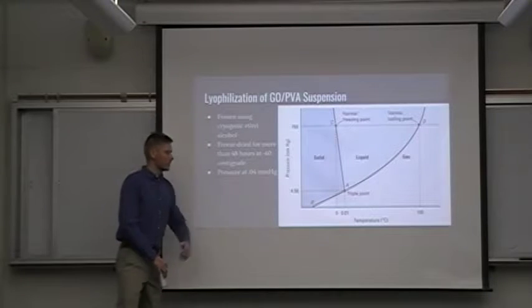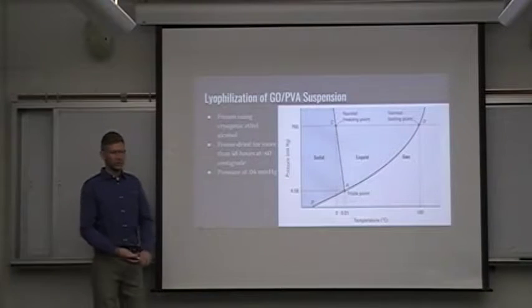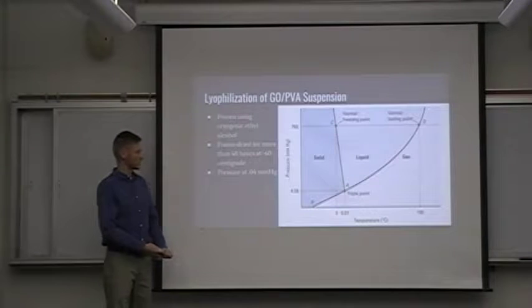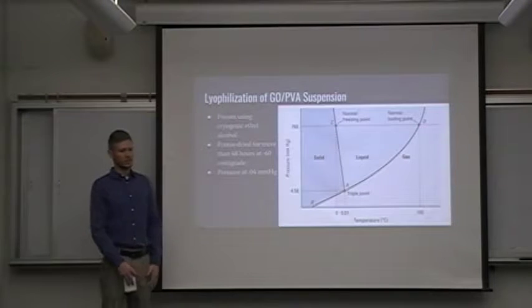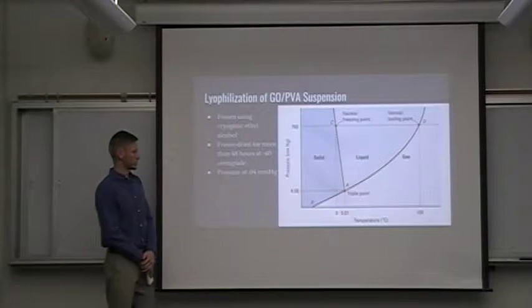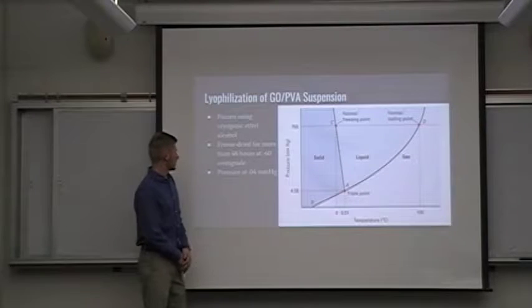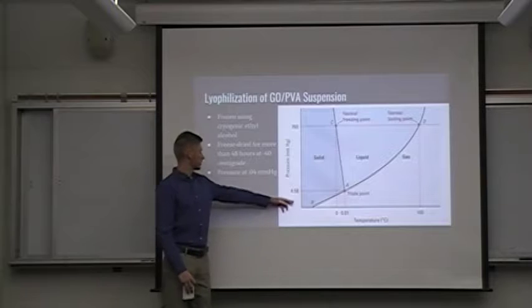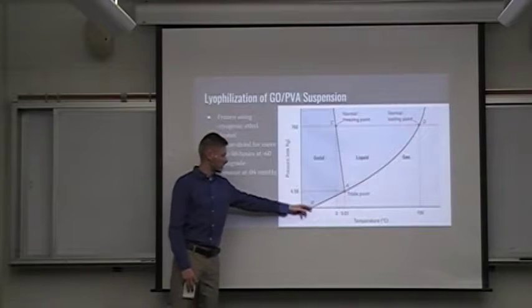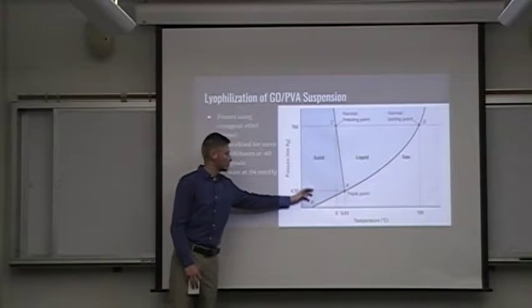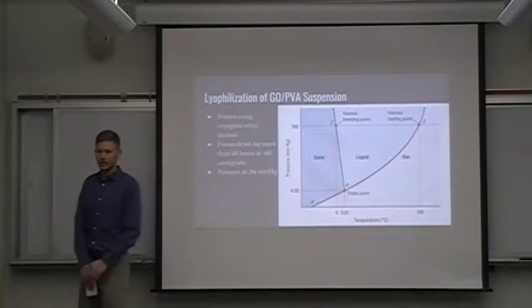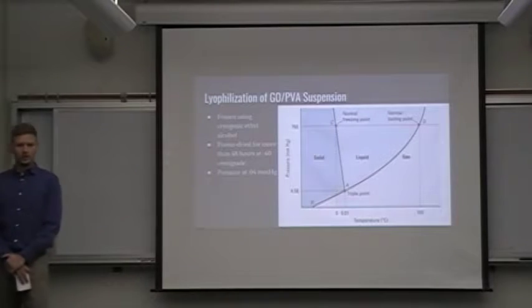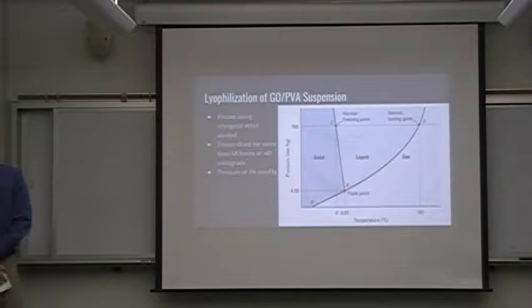And this graph indicates what happens using the sublimation of the solid to gas. With the pressure being at 0.4 millimeters of mercury, so here, and the temperature at negative 60, around here, it moves from solid to gas. And lyophilization uses a vacuum pump to get it to that pressure.